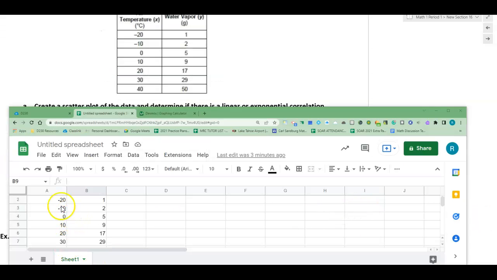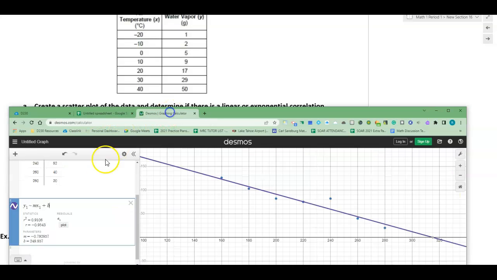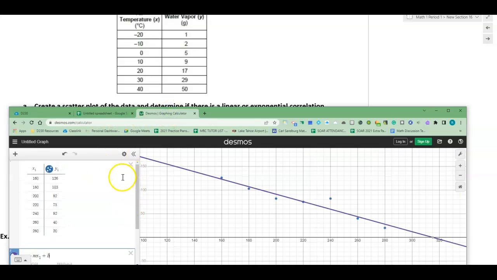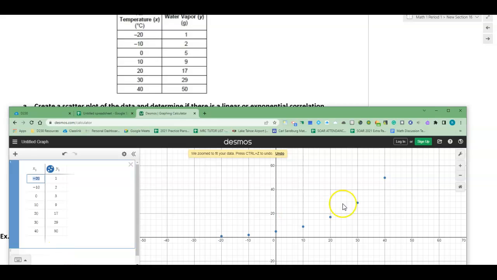So as you can see, I typed this data in. I'm going to copy the data, go to Desmos, and paste that in. And as you can see, this data tends to have an exponential growth model to it.